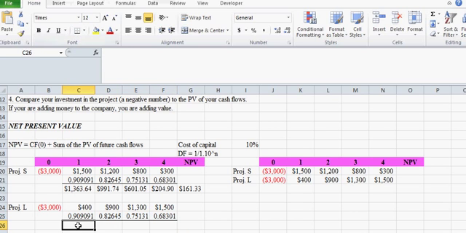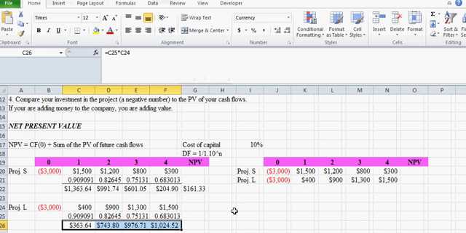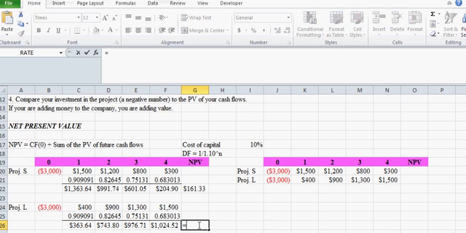We multiply discount factor times the cash flow to get the present value of the money. And then we add all of those together, so equals the negative 3,000 plus the sum of all the present value of the future cash flows. And it says that the Project L is worth 108.67.